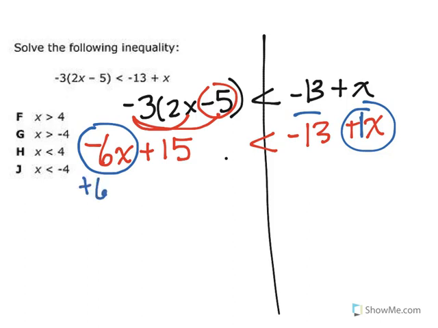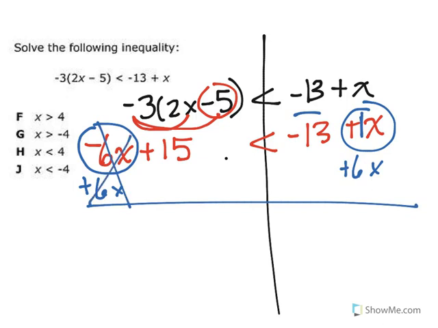So I'm going to add 6x to both sides. And I get 15 is less than -13 plus 7x. I'm still going to box my variable.